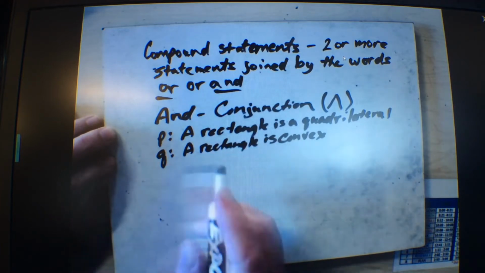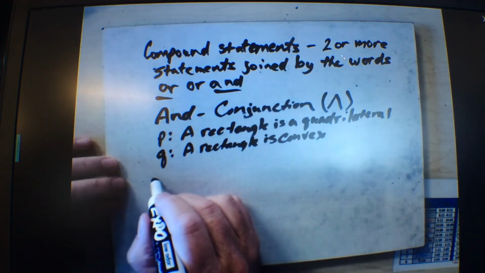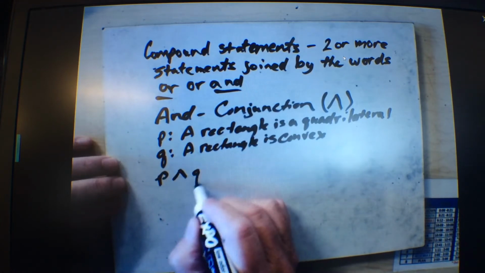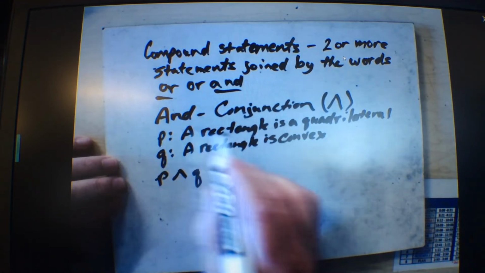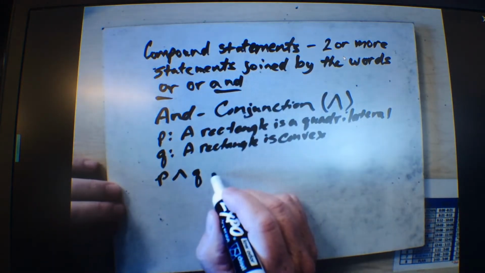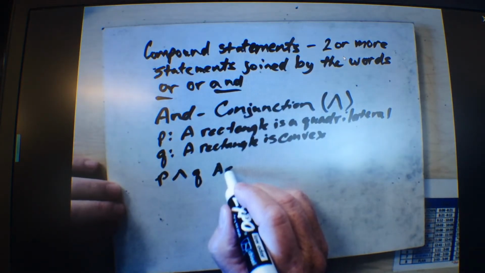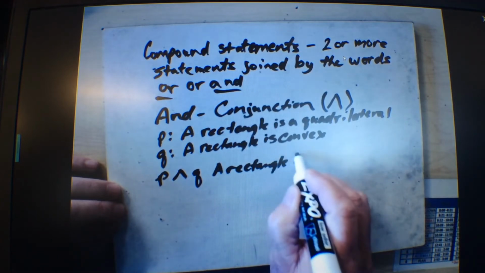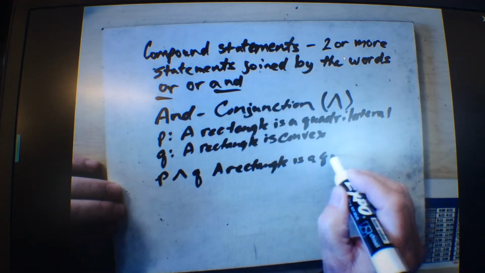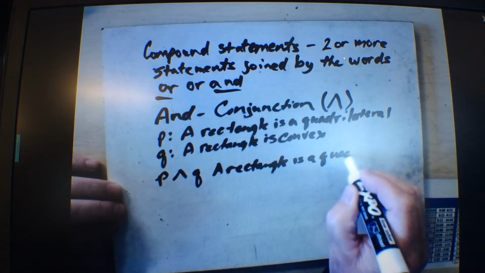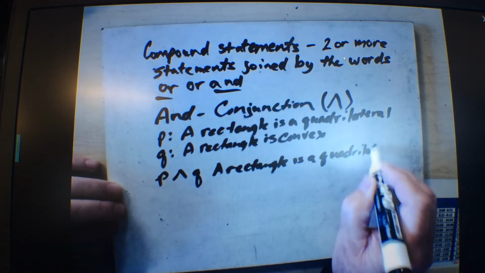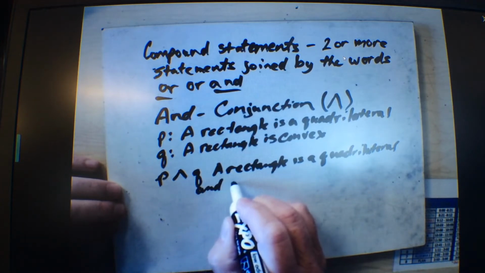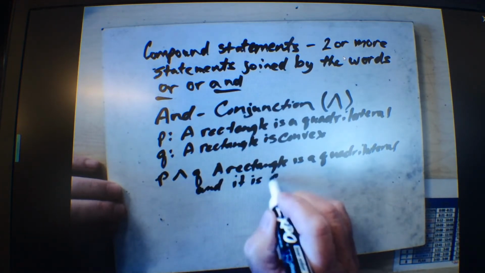So if we want to do a conjunction, it would be P, then that symbol, then Q. We're going to connect these two with an and. So we start with: a rectangle is a quadrilateral and it is convex.